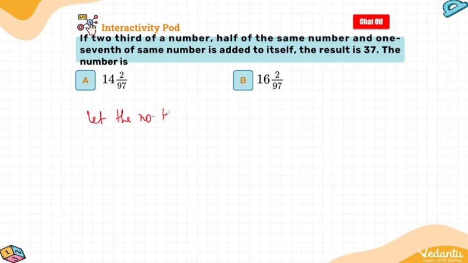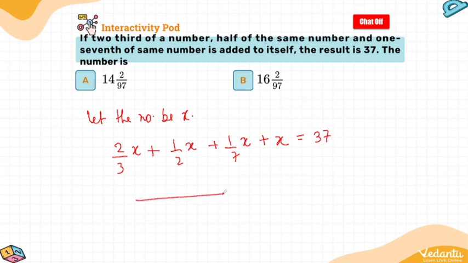So let the number be x. Okay, x is the favorite one, huh? Okay, otherwise you can definitely take y, z, m, p. So if 2/3 of a number, let's say 2/3 of x plus half of x as the half of the same number, 1/7 of the same number added to itself, that is plus x, should be equal to 37.